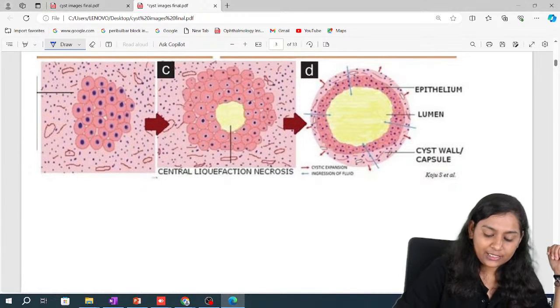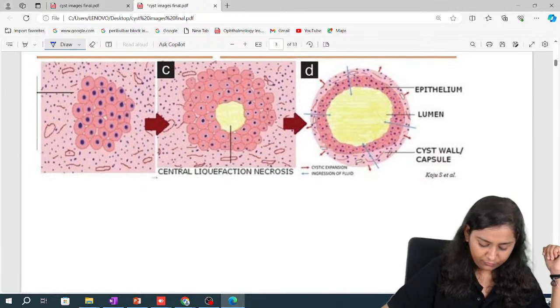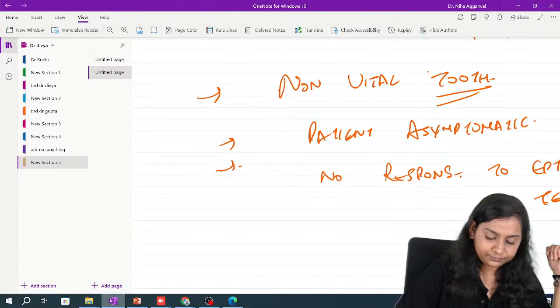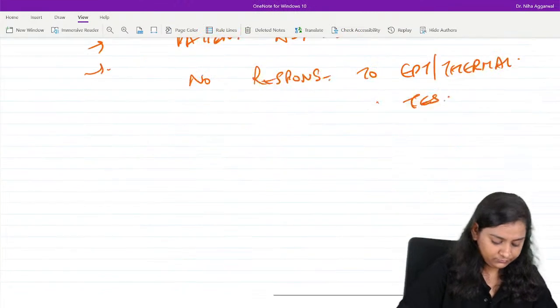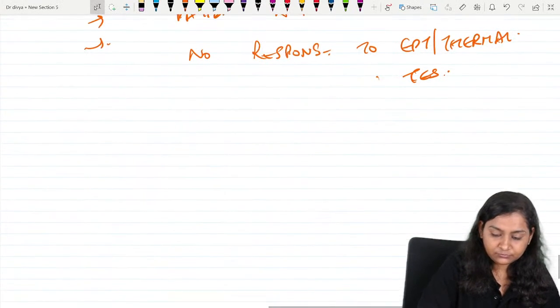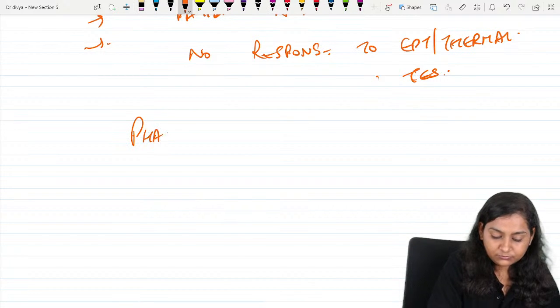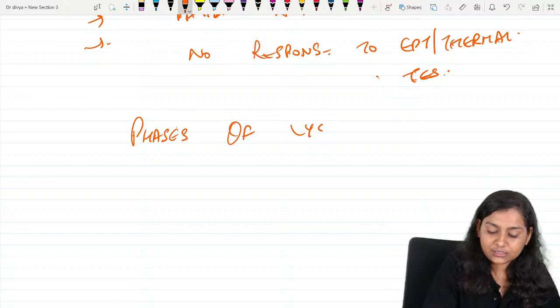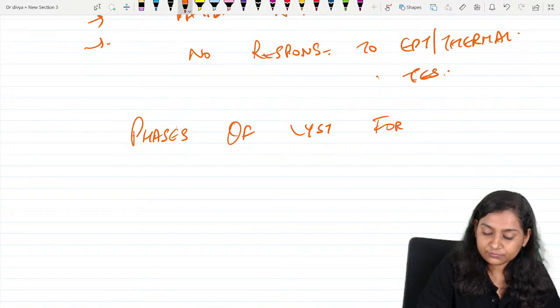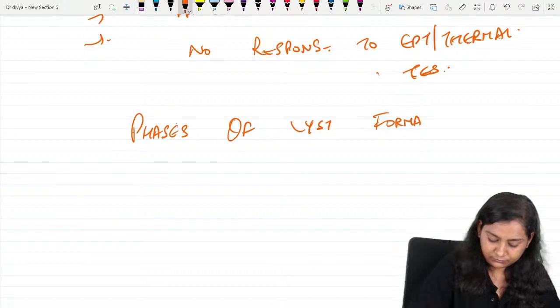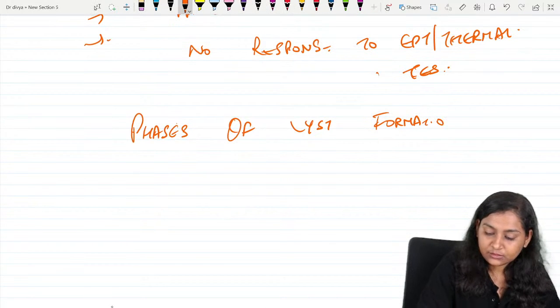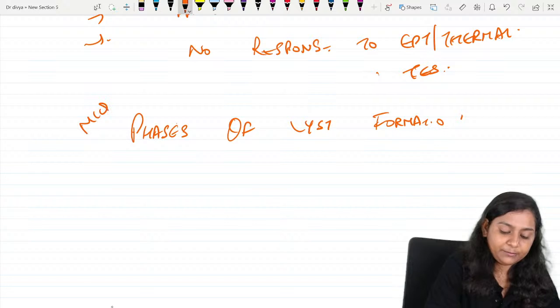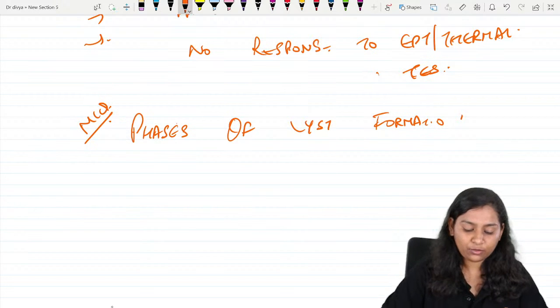Okay, so let's discuss the phases of cyst formation. This phase is very important because MCQ questions have been asked from this topic.